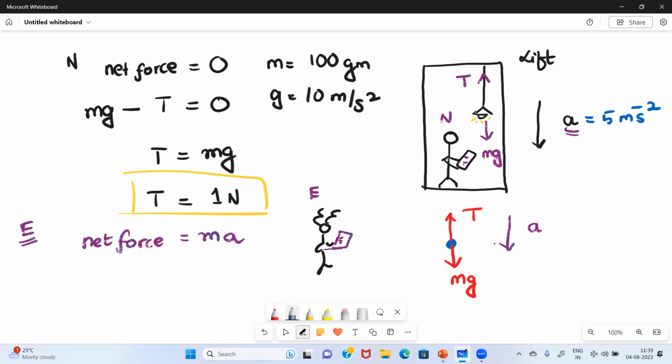Two forces are there. What are they? Mg and tension. Mg is acting in which direction? T is acting in which? Which is greater? Mg. So should I write Mg minus T or T minus Mg? Mg minus T is equal to what? Ma.